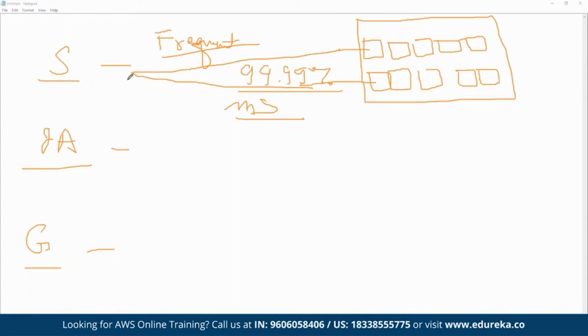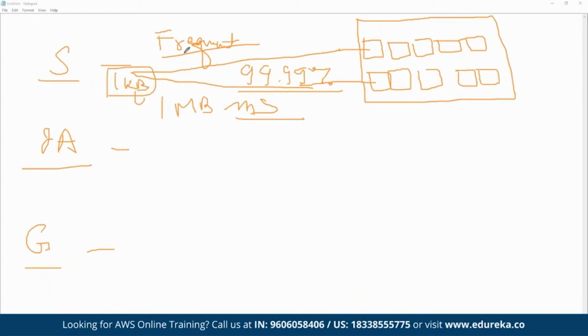There is no limitation on the files we can store in Standard, and there is no minimum requirement either. We can store files as small as 1 KB as well.